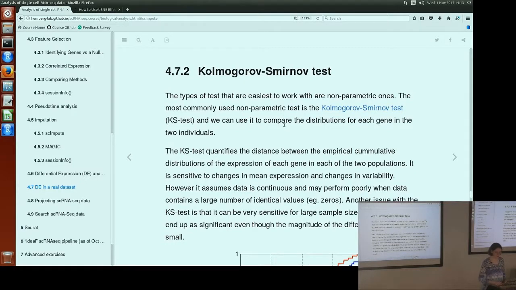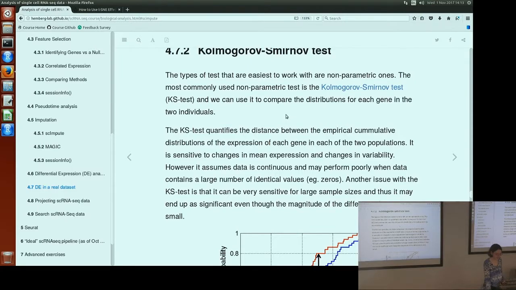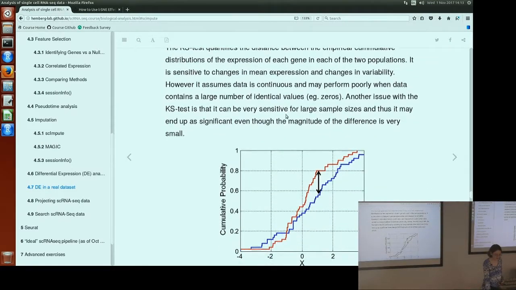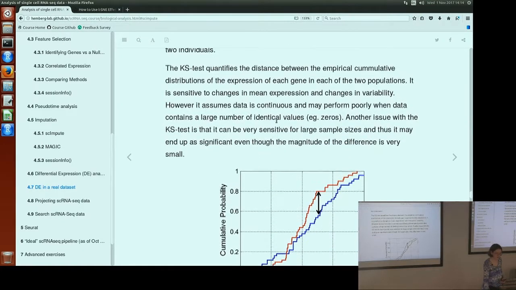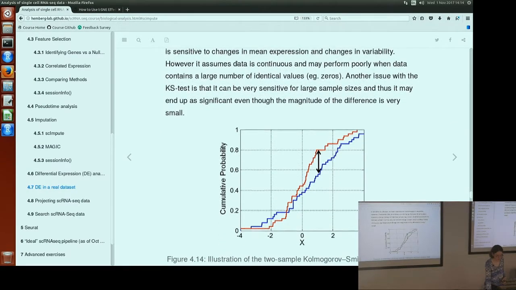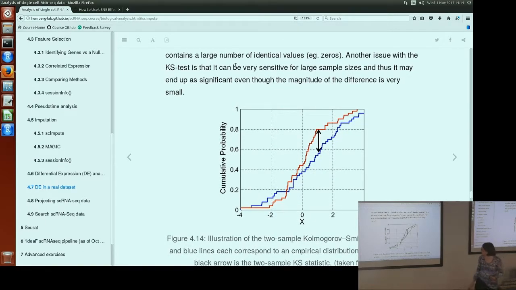The first test we're going to consider is the Kolmogorov-Smirnov test, which is a very simple non-parametric test. It's often referred to as the KS test, and it quantifies the distance between the cumulative distribution of expression for each gene in the two populations. So here, this red distribution would be the expression in one of your cell populations.